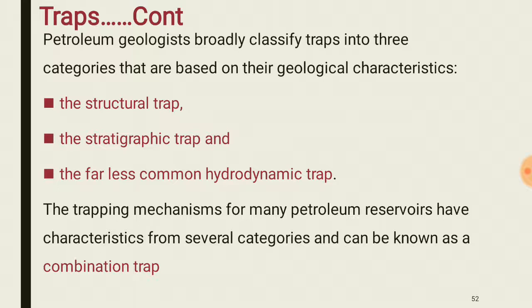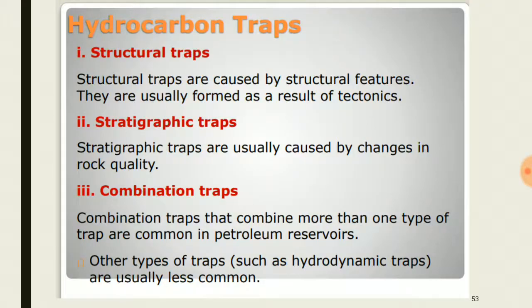The first one is called a structural trap, and there is a stratigraphic trap, and also the less common hydrodynamic trap. So all these are structures which prohibit or ban the further movement of the hydrocarbons once they are in a reservoir.